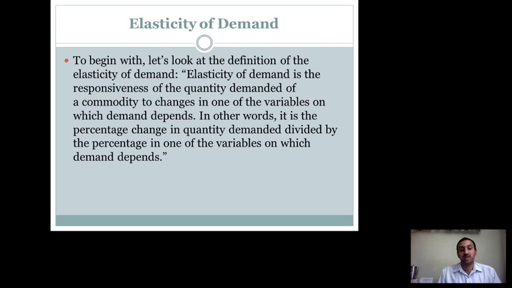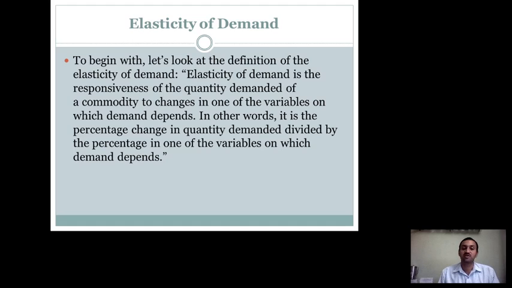That is, elasticity of demand means it is the responsiveness of the quantity demanded of a commodity to change in one of the variables on which demand depends.